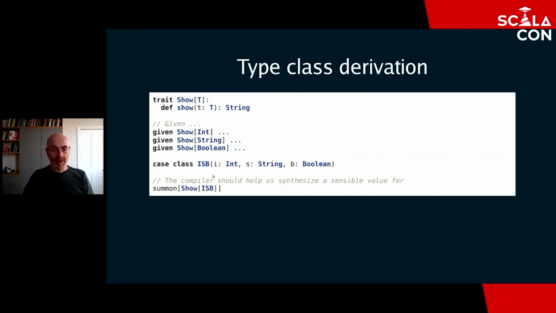What's not so trivial, though, is if we want to write a show for a case class, a product type, which consists of a number of components. This particular one, it's got an int, a string, and a Boolean, and is unimaginatively called ISB. It would be very nice if the compiler could somehow or other help us synthesize a sensible value for the type class instance corresponding to show ISB.